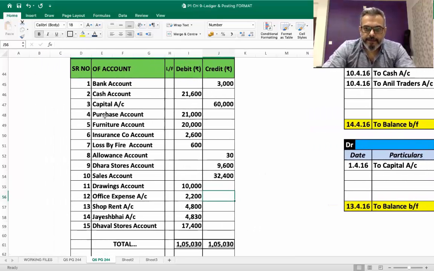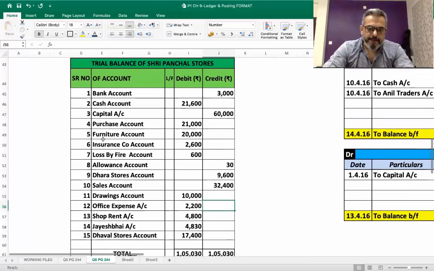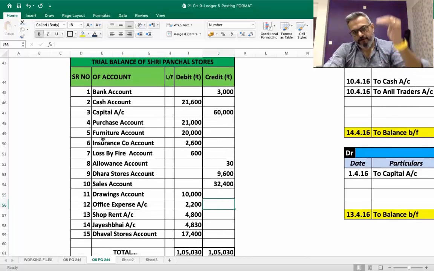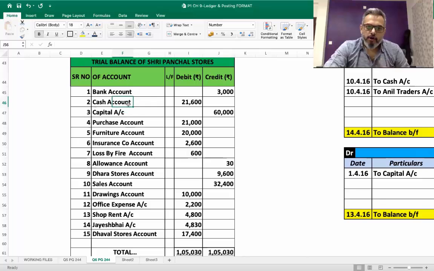Now, the purpose of a trial balance is to make a summary of balances of all ledger accounts. Seeing the trial balance, you can take decisions, form an opinion, understand how the business is moving. You will know that the bank account has a credit balance, so we have to pay the bank.